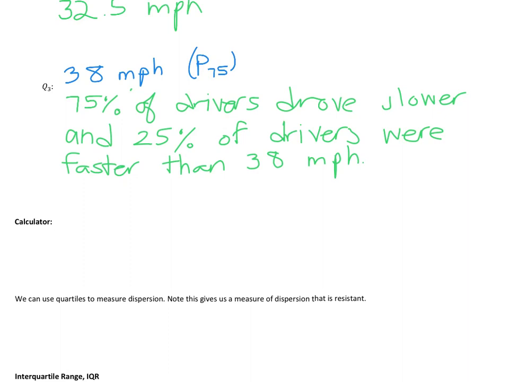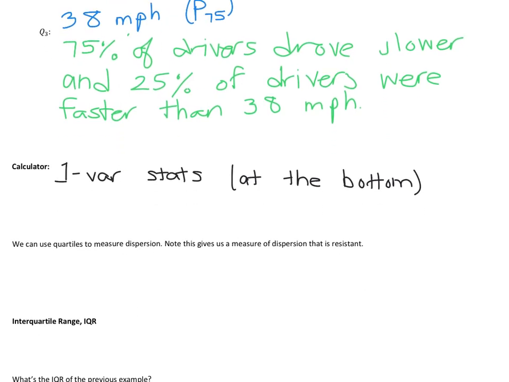So to use our calculator, again, we would just go to one var stats after we put our data into a list, of course. And if you scroll all the way at the bottom, you see Q1, median, Q3. All right, so we can always put our data set into a list and use one var stats to get our quartiles.